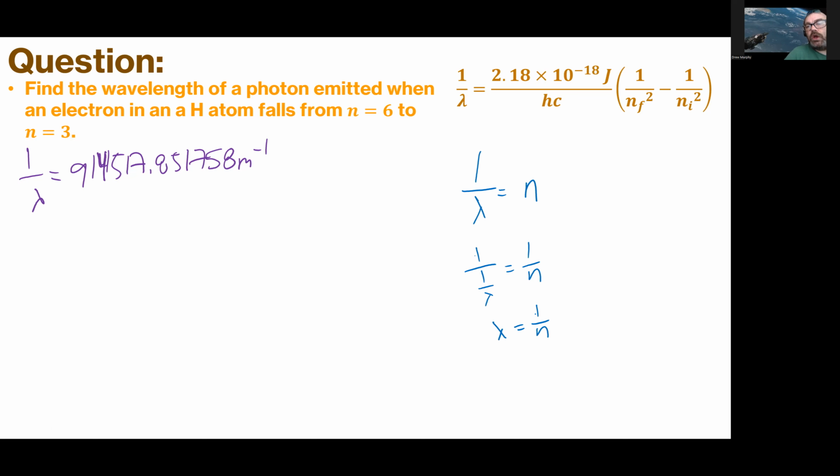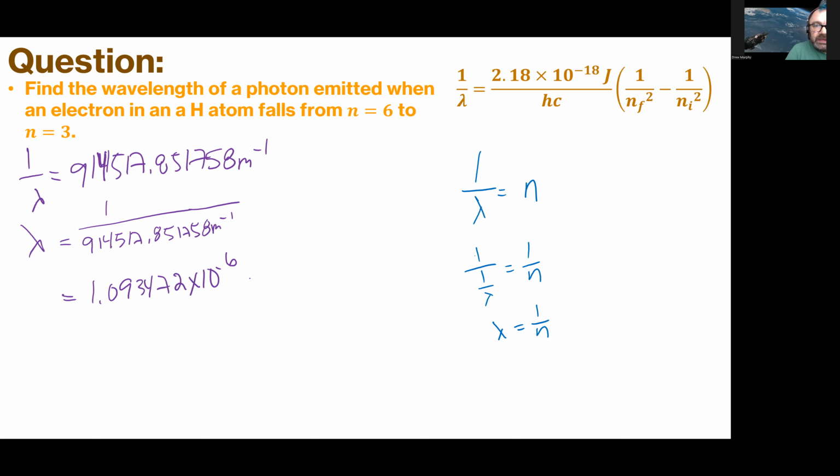So we're going to take 1 over this number, the reciprocal of our answer. 1 over meters to the negative 1 is meters, which is why this works out. So lambda is 1.093472 times 10 to the minus 6 meters.